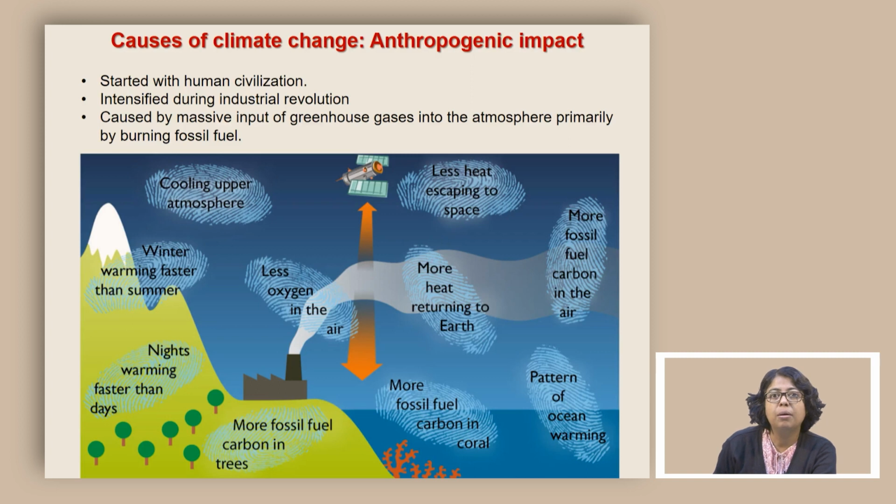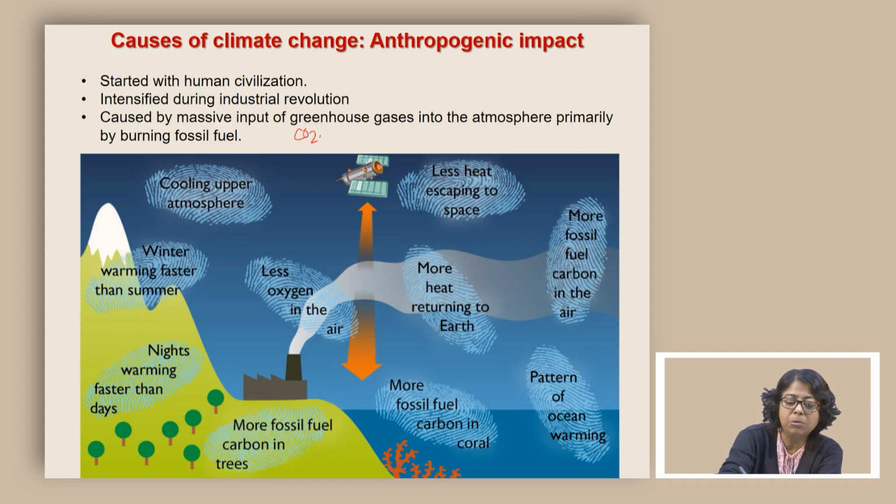So, the primary change that we see is caused by the massive input of greenhouse gases, which includes primarily carbon dioxide, but also other components, a bit of methane, and this finally warms up the atmosphere.